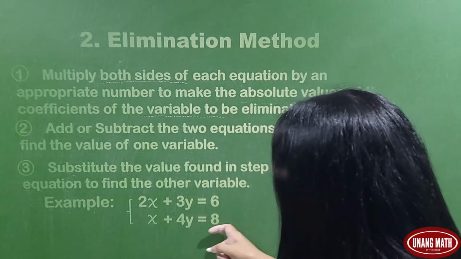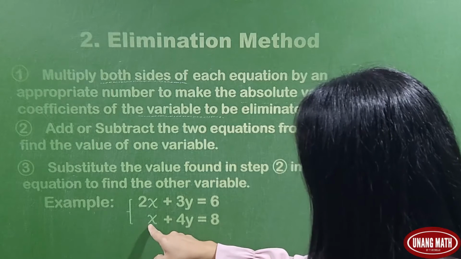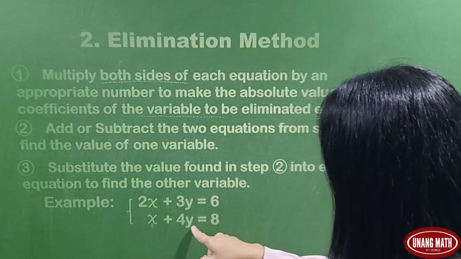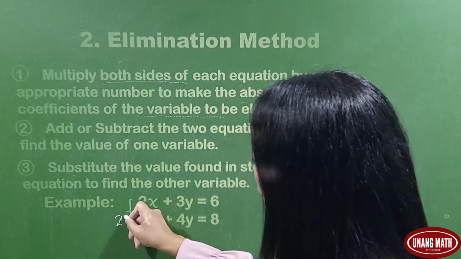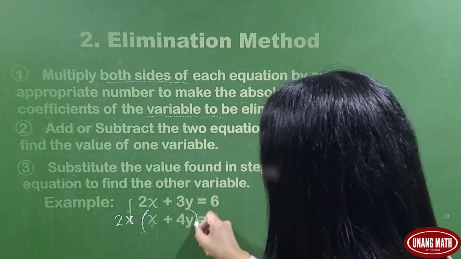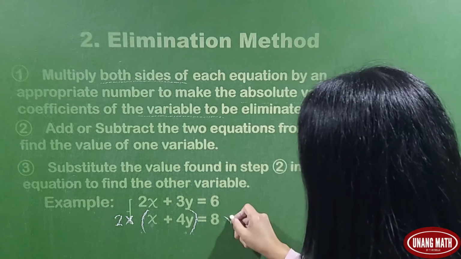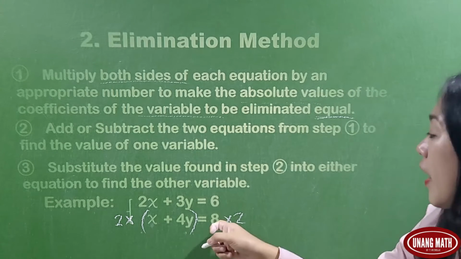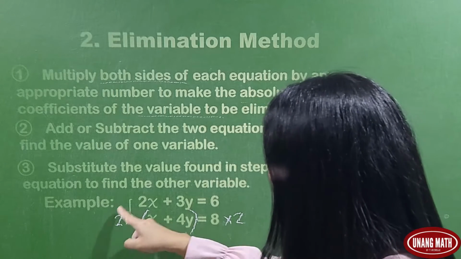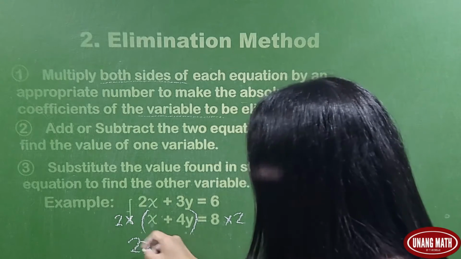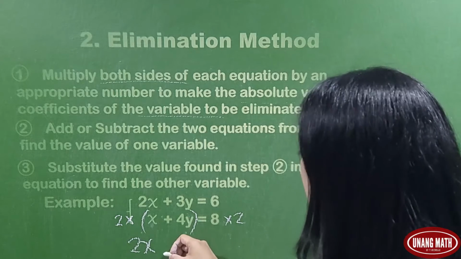If we take a look at these equations, the equation x plus 4y is equal to 8 can be multiplied by 2. So 2 times this expression: 2 times x is 2x, and 2 times 4y is 8y.